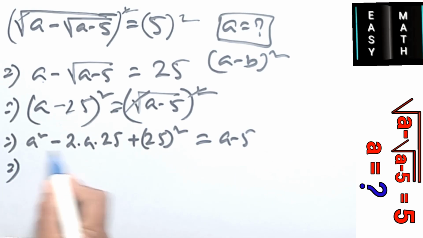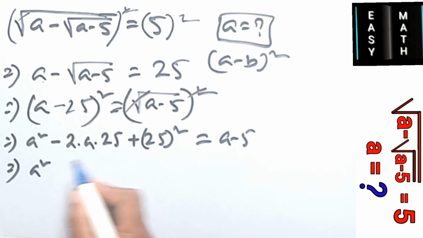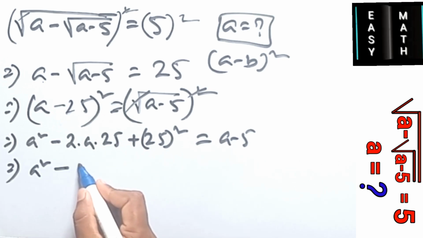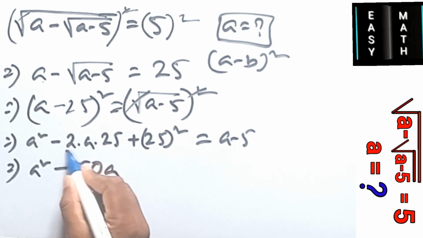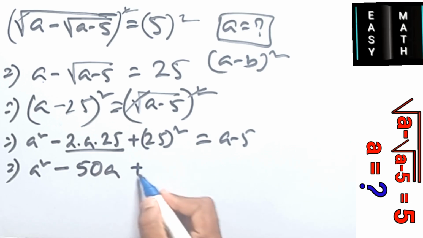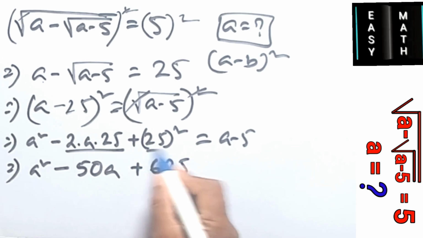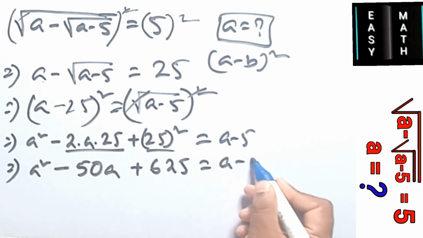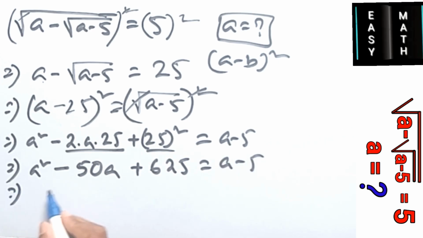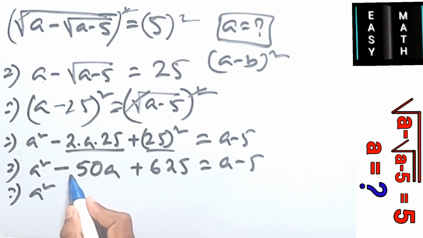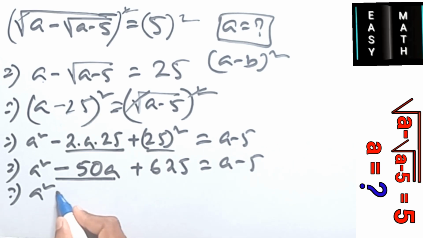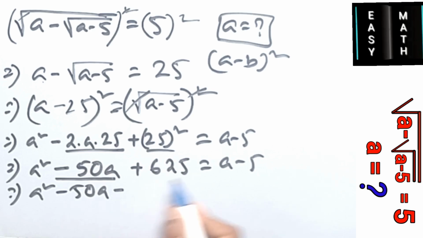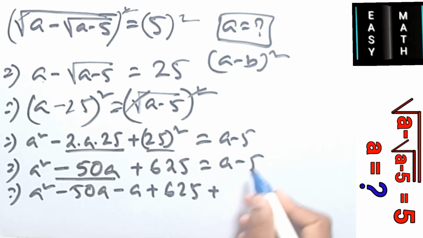Now there is a square and 50a and this a minus 5. So this is a square, minus 50a, and minus a, plus 625, and plus 5, equals 0.